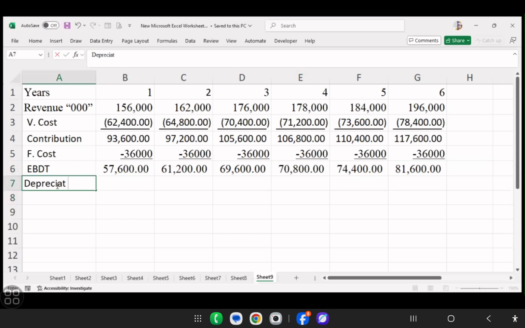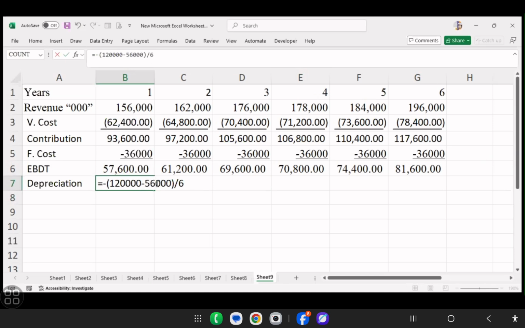Here we have depreciation. We are told that the depreciation is equal to 120 minus 56. And because this one is evenly spread, we divide by 6 years. But okay, was it 56 or 54?